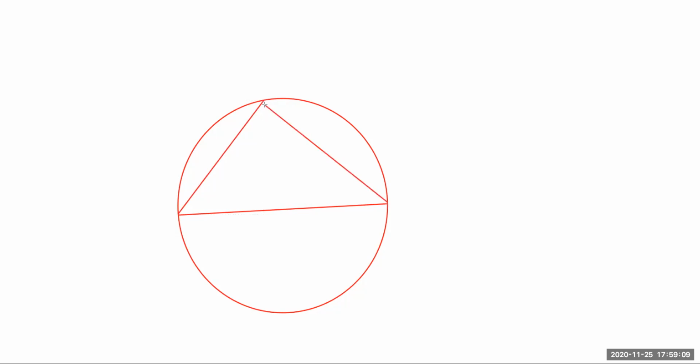Right, so we have a triangle like this. Wherever these two lines meet, the angle formed at this point on the circumference is 90 degrees. The rule for this second theorem states that the angle formed in a semicircle is 90 degrees. So that is theorem 2.